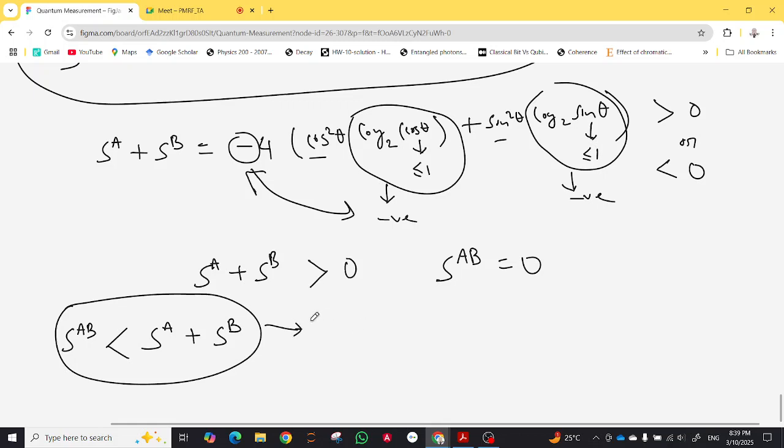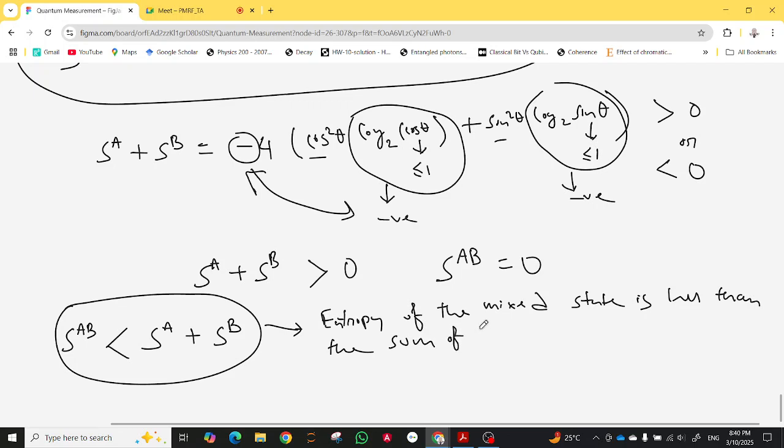So in general you can say that the entropy of the mixture is less than the sum of the entropies of the two component pure states.